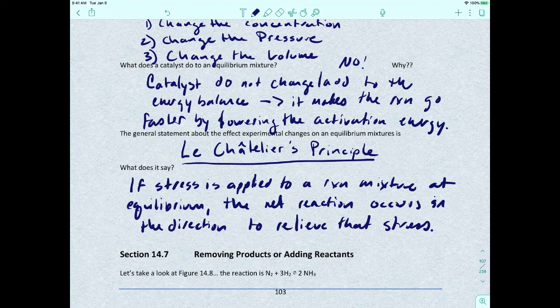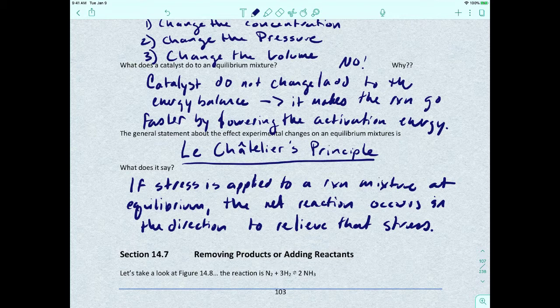Let me say this again. Le Châtelier's principle says that if you're applying some sort of stressor onto a chemical reaction that's at equilibrium, the reaction is going to find a way to alleviate that stress.